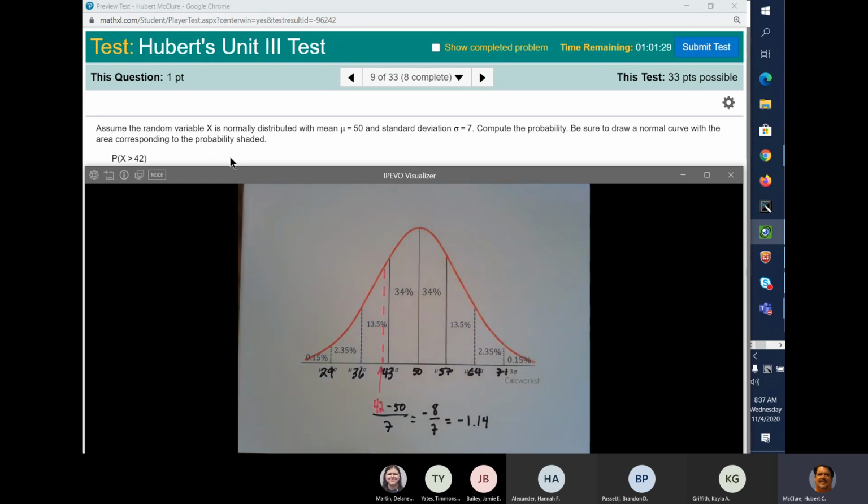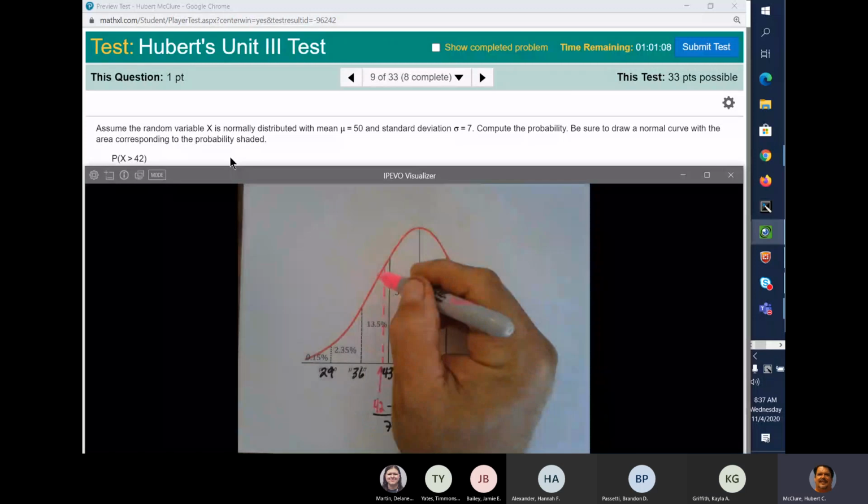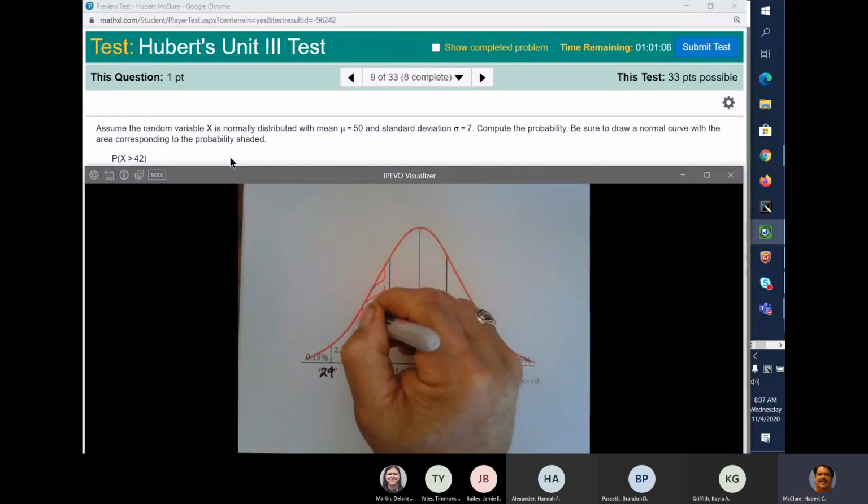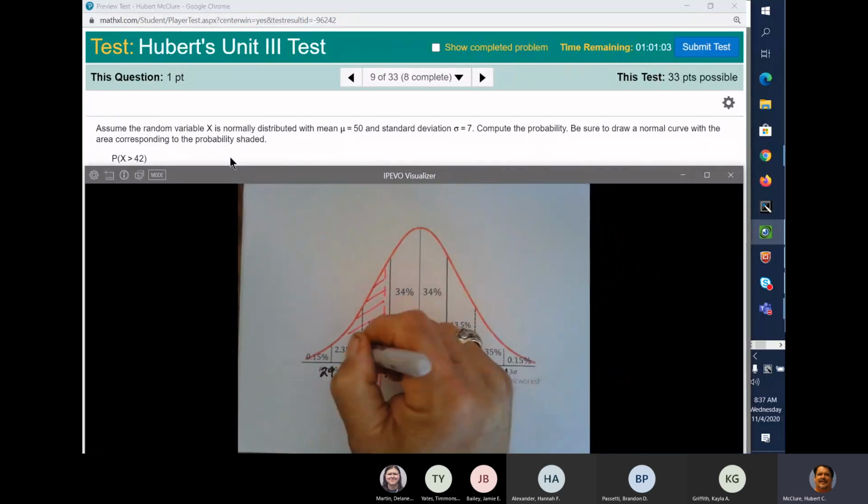Somebody check me on that, please. What's 8 divided by 7? It's 1.14. Thank you. Ms. Griffith, I think you're the only one here this morning. Everybody else went back to sleep.